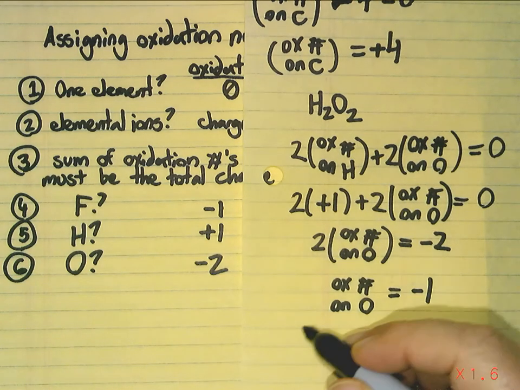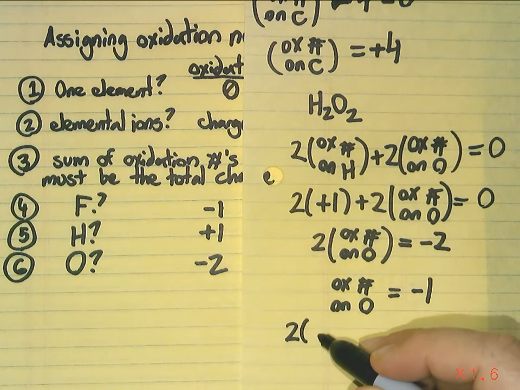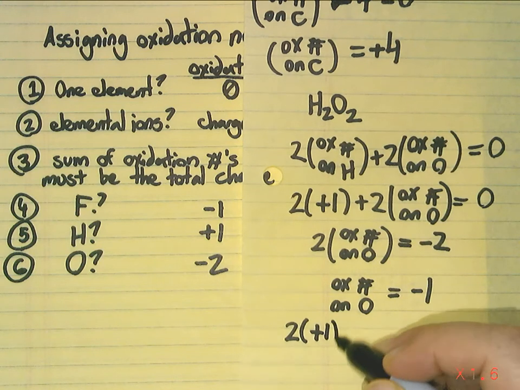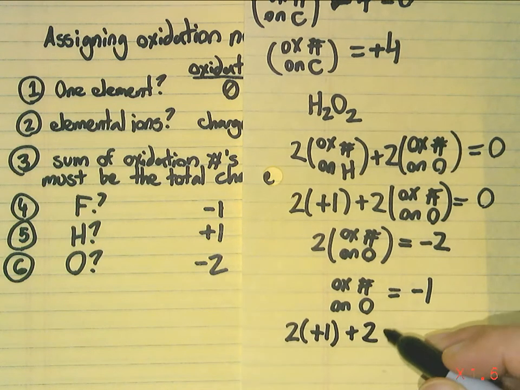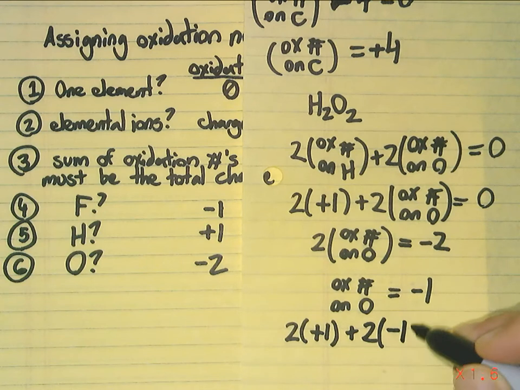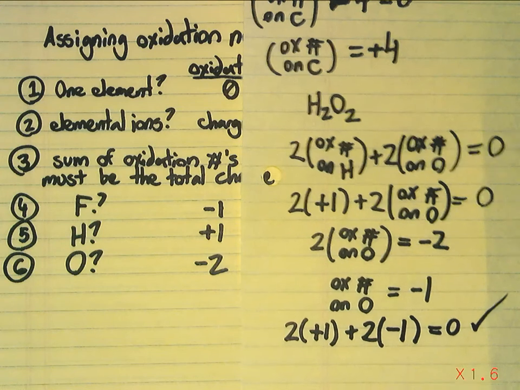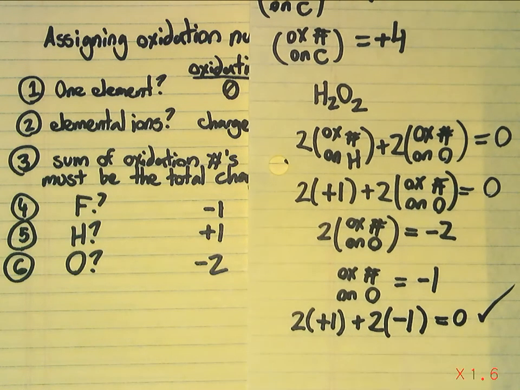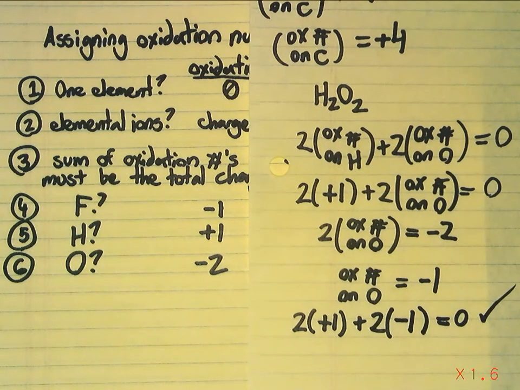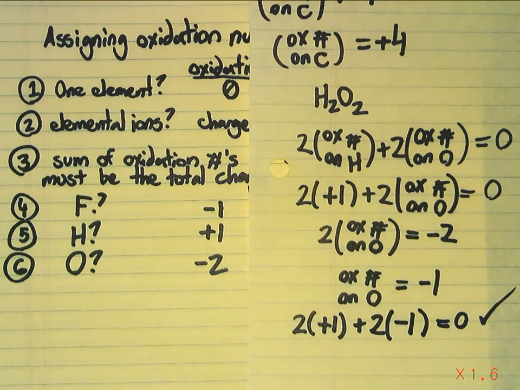So try it out with the oxidation numbers you got. 2 times +1 plus 2 times -1 does equal 0. That works. But what if you had put the -2 on the oxygen, if you had gone further than you needed to? Rule 5 was where we stopped.